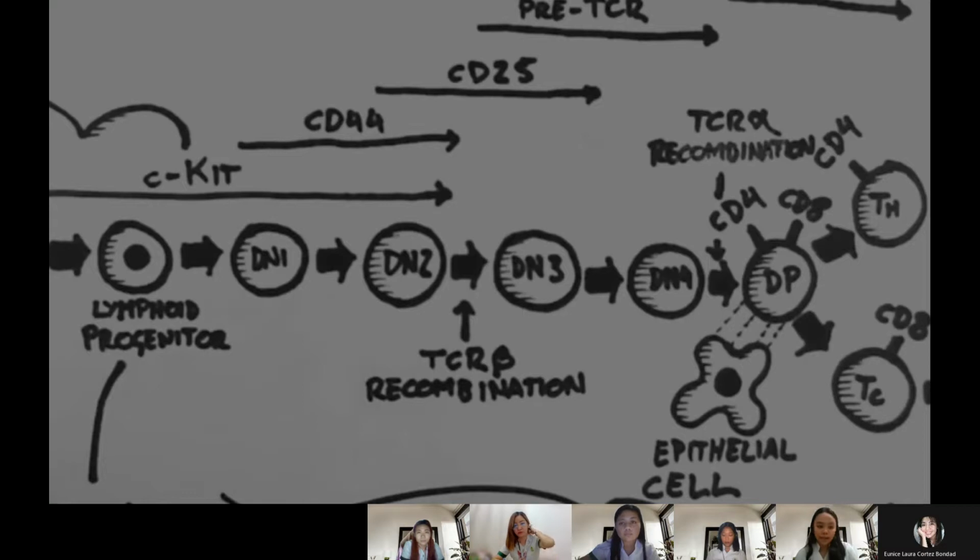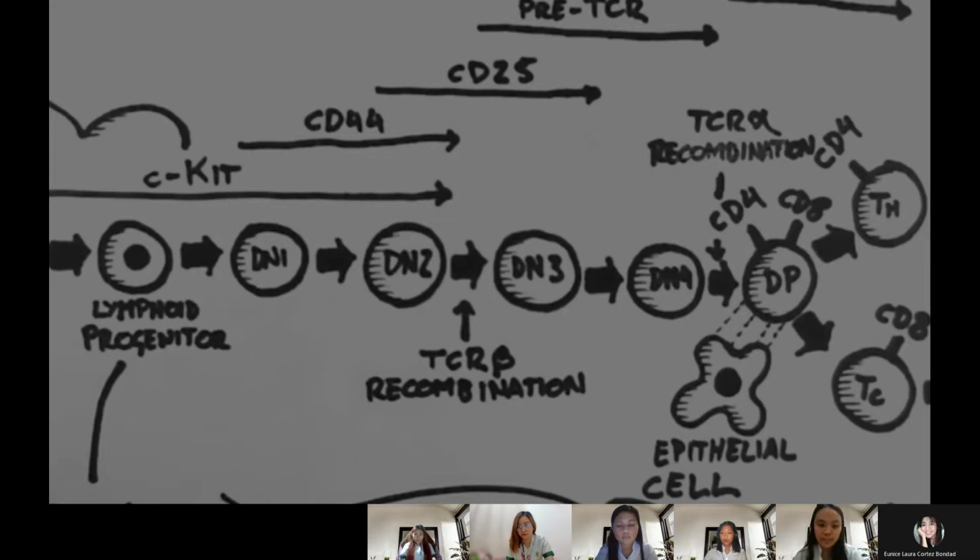Then CD44 is expressed from the double negative 1 stage and the double negative 2 stage, and it is the marker by which you can classify that the cell is at double negative 1 or double negative 2.